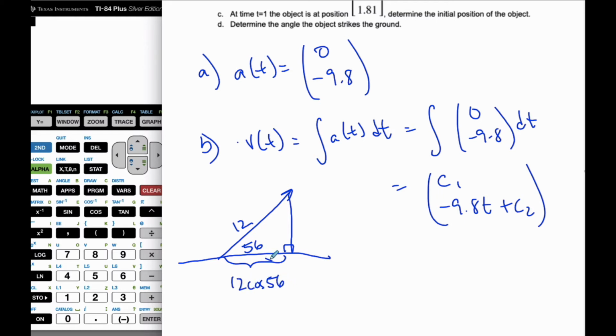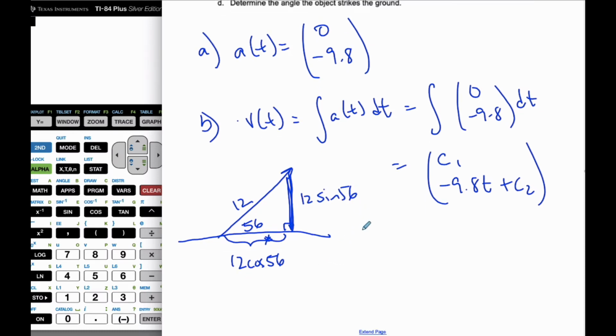Because if I call this the x value, I know that x over 12 is equal to cosine of 56, and so this x is 12 cos 56. Similarly, the y value is the sine function because it's opposite, so this is 12 sine of 56 degrees.